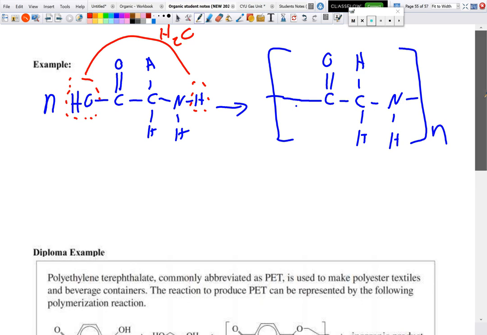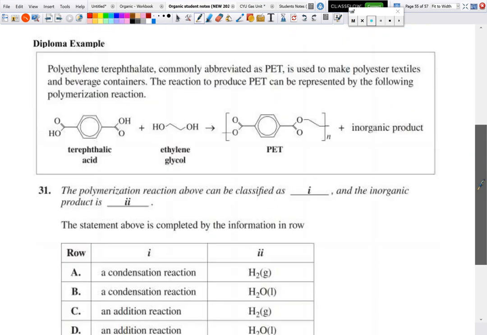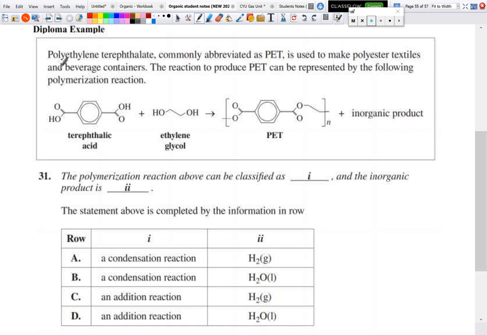Now for the most part, like I said, with a lot of these, it's mostly just picking out what type of linkage it is, or recognizing what type of reaction it is, whether it's an addition polymerization or condensation one. And this is just an old diploma example right here, where you have this particular molecule, polyethylene terephthalate, commonly abbreviated PET, is used to make polyester textiles.